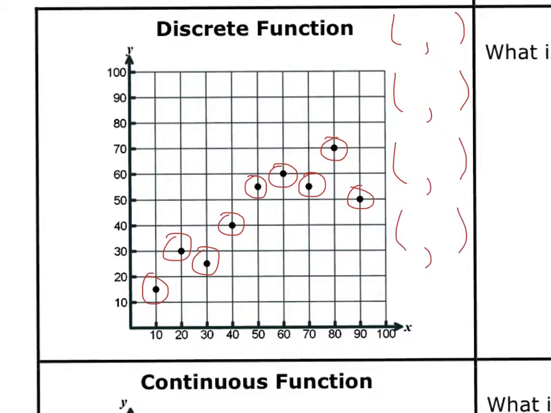So our first ordered pair, I'm going to look at this one right here. What I see is that it has an x value of 10, and then it also has a y value of 15. My next ordered pair I'm going to look at is this one. I know that it has an x value of 20 and a y value of 30.